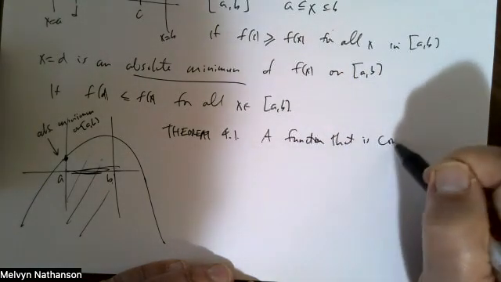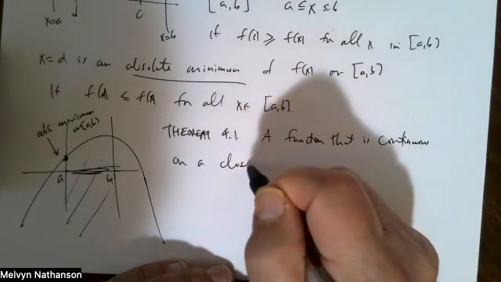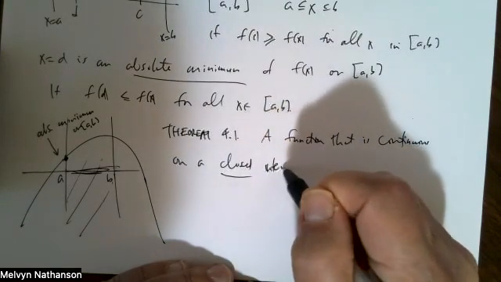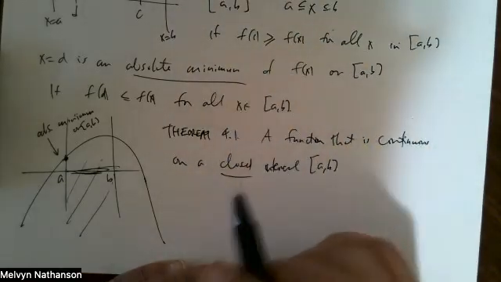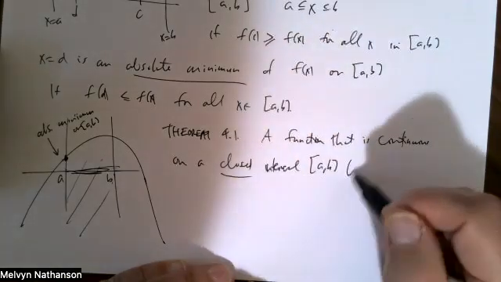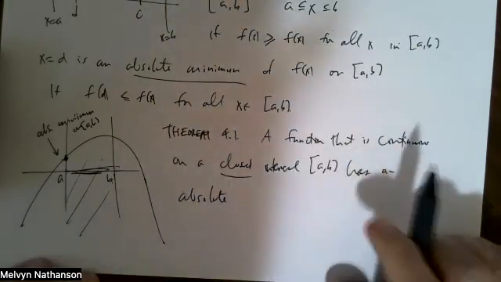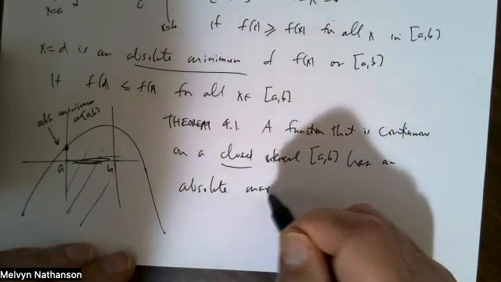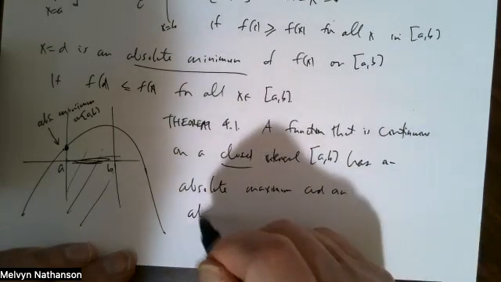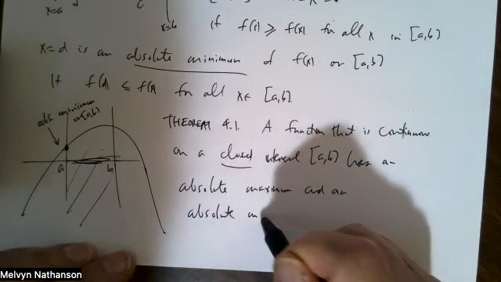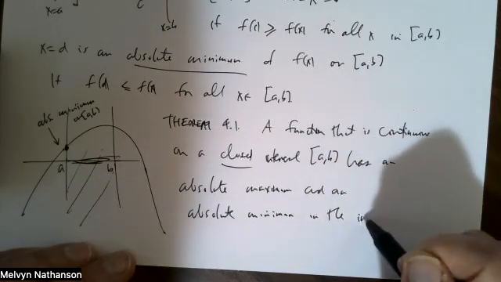A function that is continuous on a closed interval AB always has an absolute maximum and also an absolute minimum inside the interval.